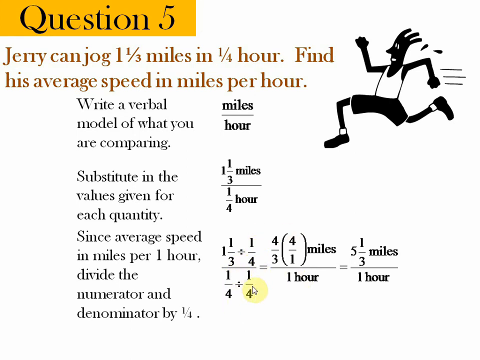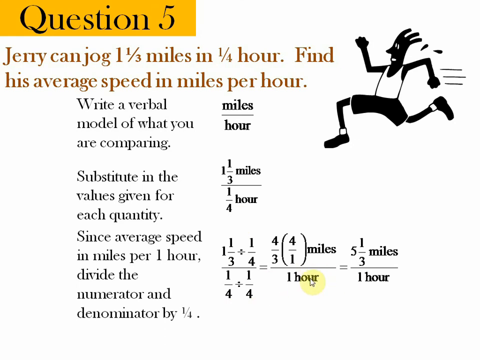So 1/4 divided by 1/4 becomes 1 hour. And when we change the division sign into multiplication, the fraction becomes its reciprocal. So 4 times 4, 16 divided by 3, which is 5 1/3 miles in 1 hour. So to remove this 1/4, we divide both the quantities by 1/4.